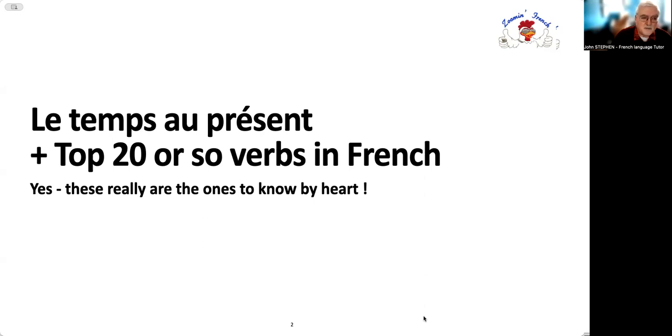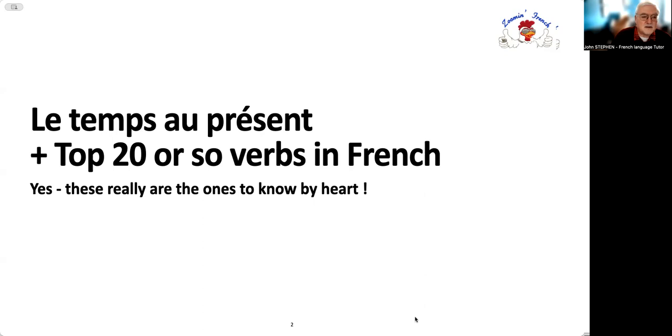And we're going to go through the present tense, otherwise known en français as le temps au présent. And I put here the top 20 or so verbs because these are the ones that are absolutely fundamental to pretty well any conversation you may have.